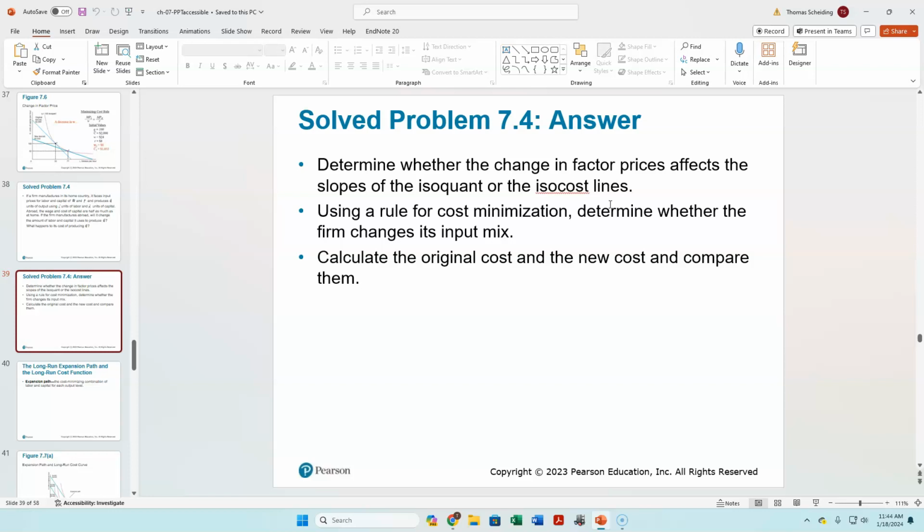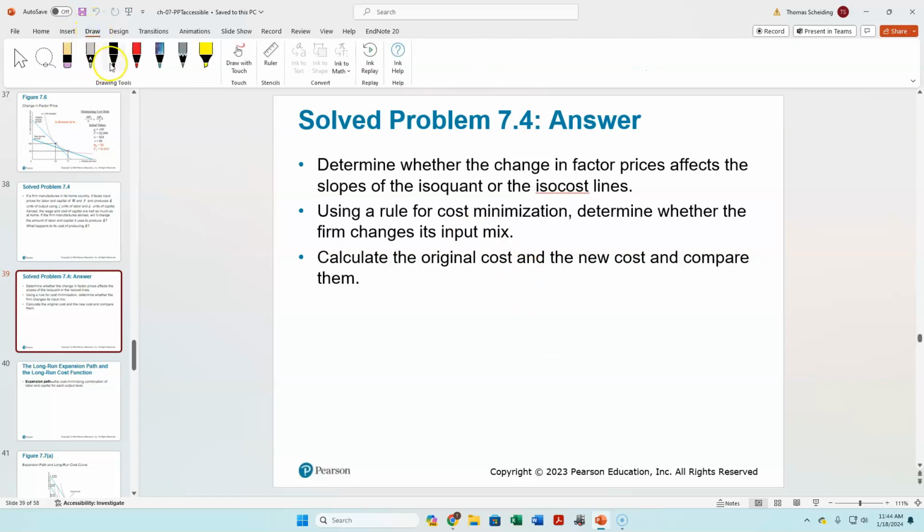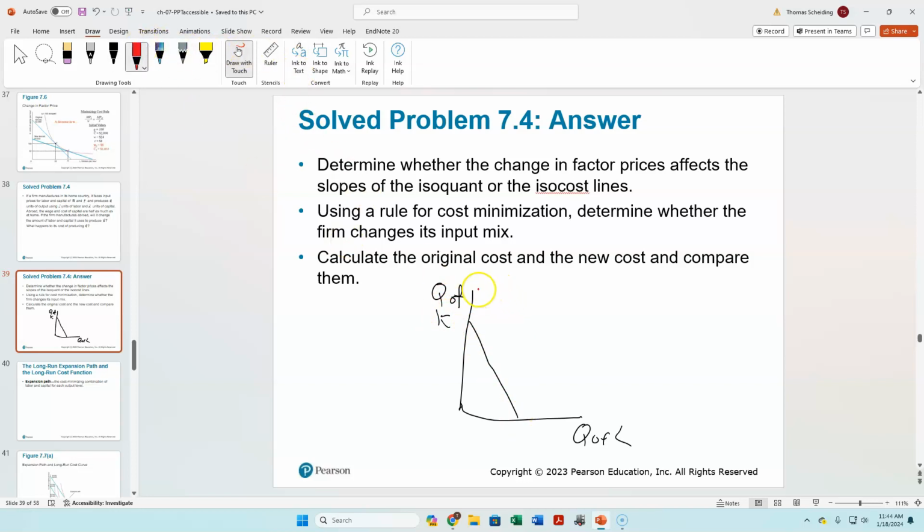So instead, you're going to have something that looks like this, whereas the original line was here, doing it abroad is going to put the iso-cost out here, for the same amount of spending.